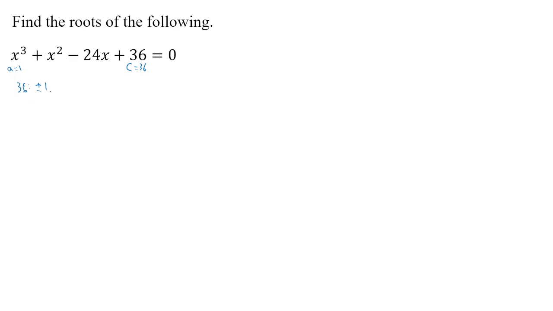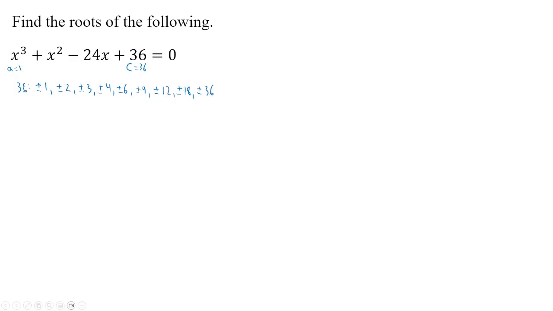We got positive and negative 1, positive and negative 2, positive and negative 3, positive and negative 4, positive and negative 6, positive negative 9, positive negative 12, positive negative 18, and positive and negative 36.